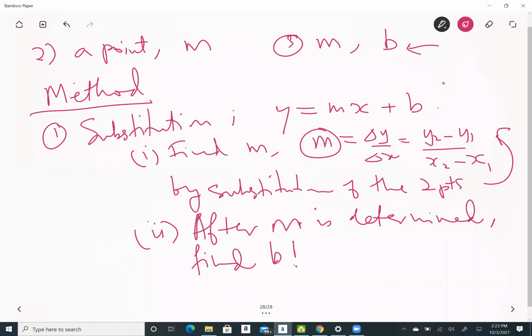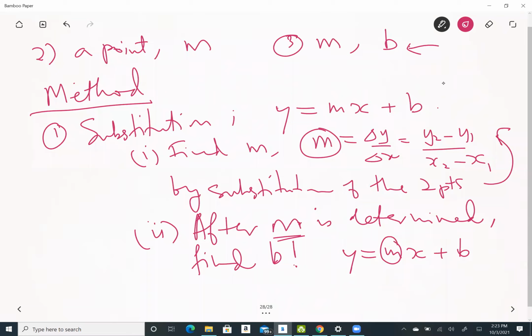How do you find b? This is how you find b, again by substitution. After you got m, so you have y equal to mx plus b, and m is already known.